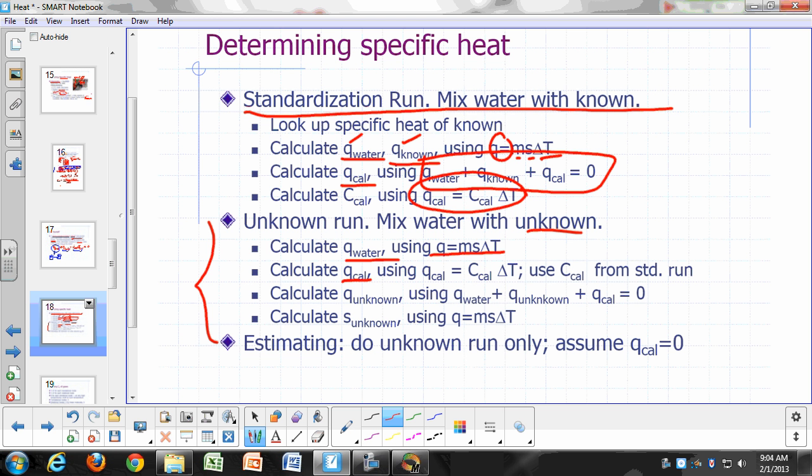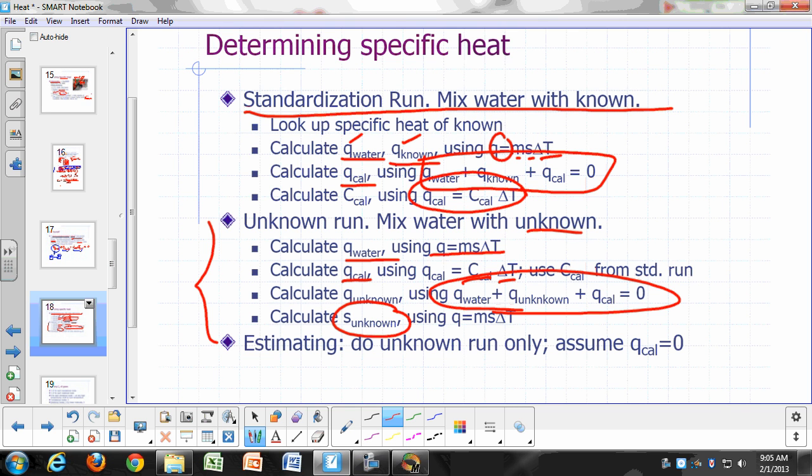And then you know your Q cal, because your Q cal will just be the known C cal times the delta T that you measured. And then finally you can solve for your Q unknown. Again, the basic equation to know here is the sum of all the Q's is equal to 0. And you can solve for the specific heat of the unknown once you've done it.